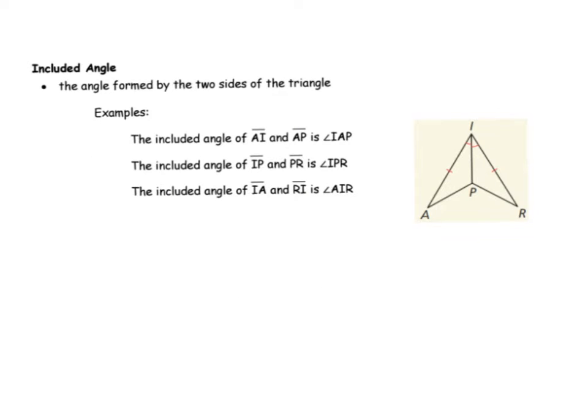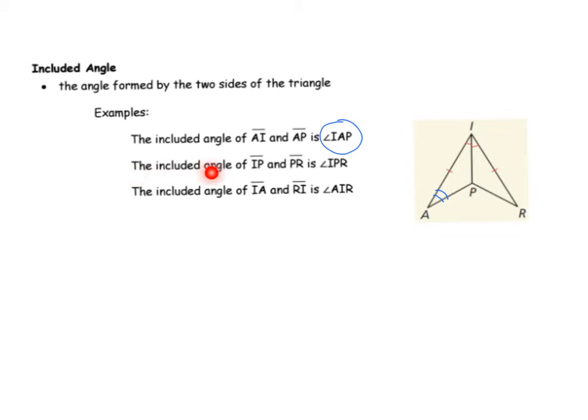Just to reiterate, an included angle is the angle formed by two sides of the triangle. For example, the included angle of line segments AI and AP is this angle here, and I'm going to mark it so that you see it. That would be angle IAP. Make sure we understand how to read these angles. IAP is in reference to this angle here.